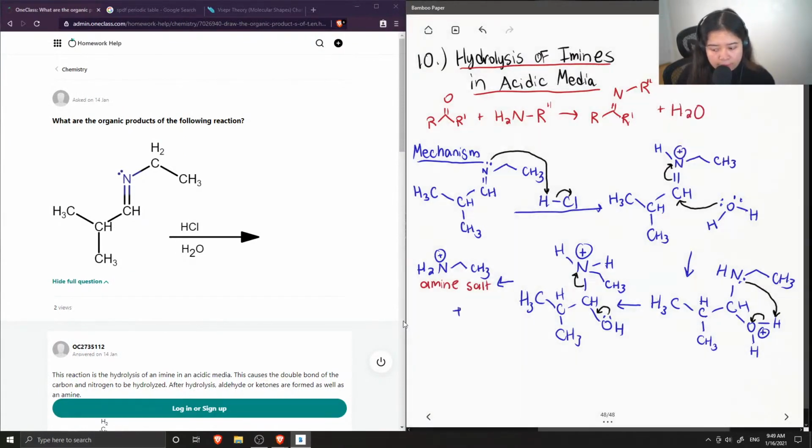And then we also have this oxonium ion. You can see that now there is this double bonded oxygen that has a positive charge. And then I'll just label this as oxonium ion.